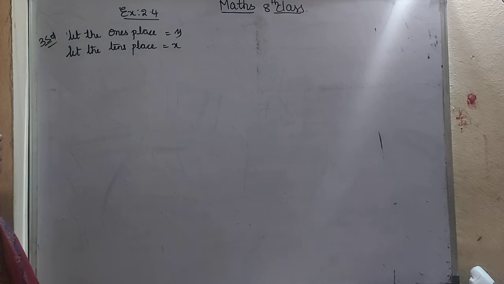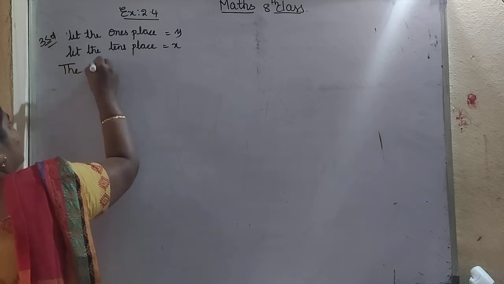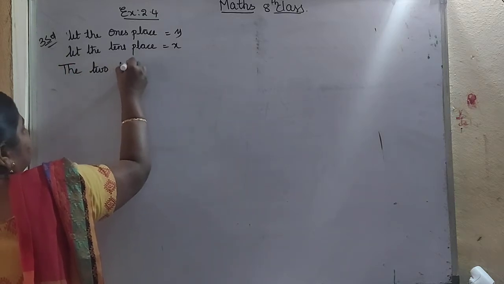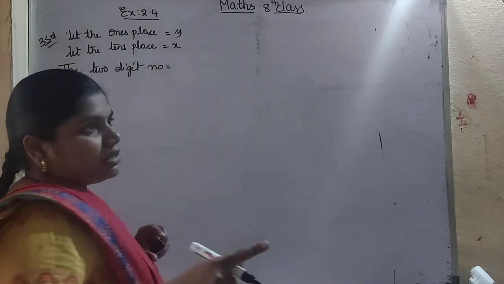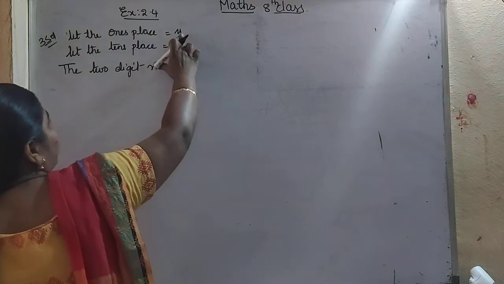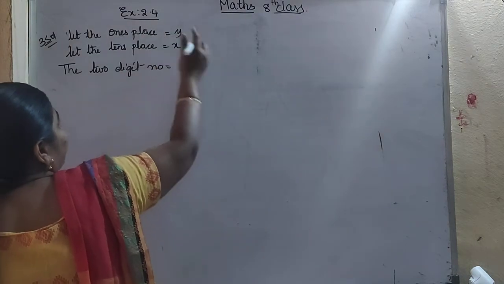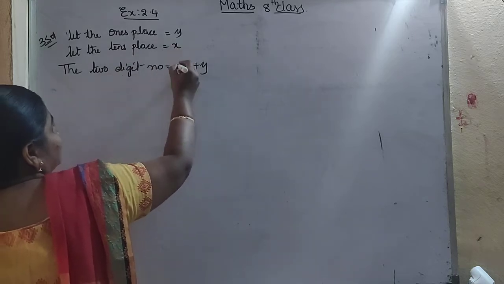Okay, so they told that it is a 2-digit number. A 2-digit number means how will it be? In a 2-digit number, you will be having ones place as well as tens place. So ones place is y. So 1 into y will be y, plus tens place is what? 10 into x.